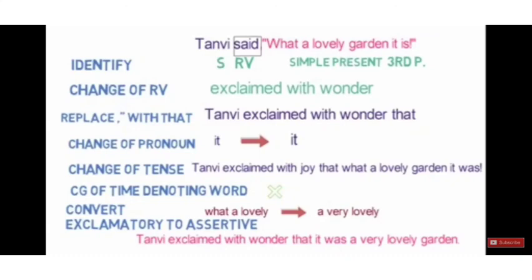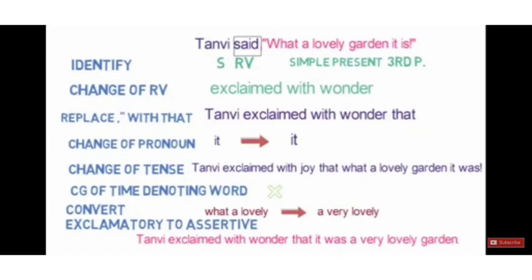Step 3 is replacement of commas and inverted commas with that. So the sentence will become like this. Tanvi exclaimed with wonder that. Step 4 is change of pronoun. The pronoun it won't change as it is third person. It remains unchanged, as per the rule we know.